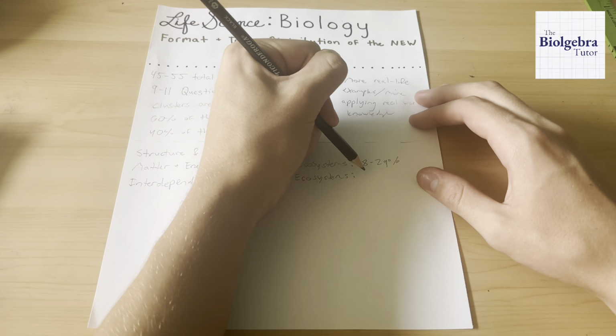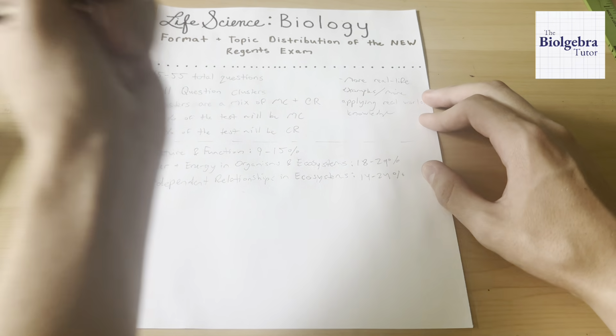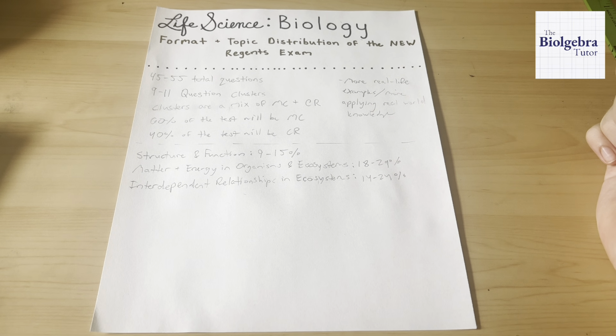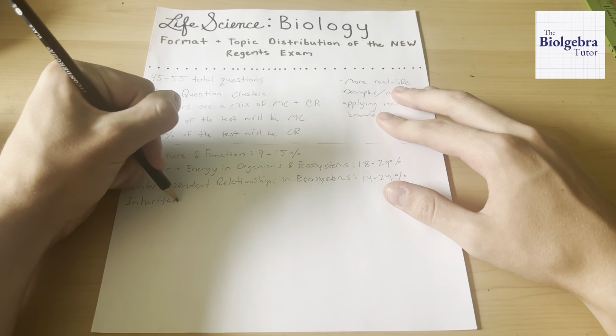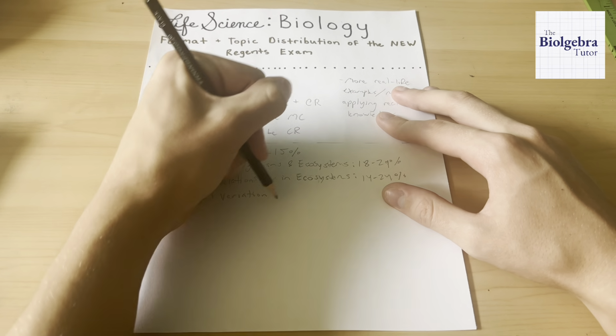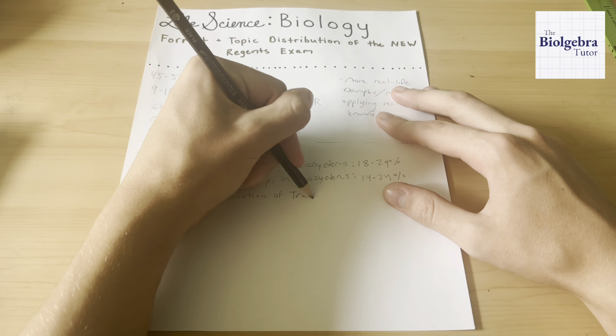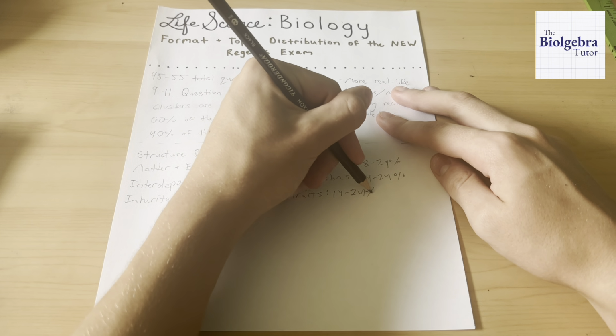That will be 14 to 24%. The fourth topic is inheritance and variation of traits. So genetics, basically. This will be 14 to 24% of your Regents exam.